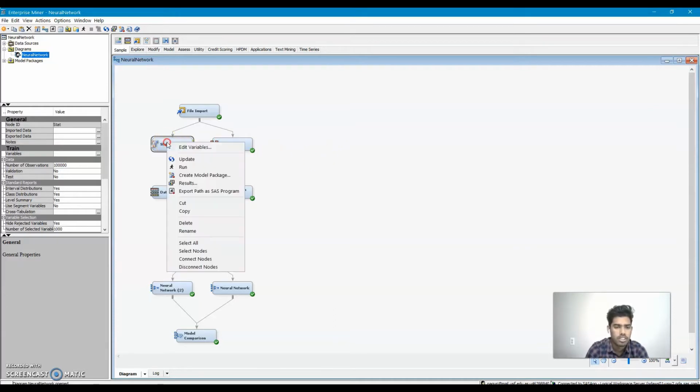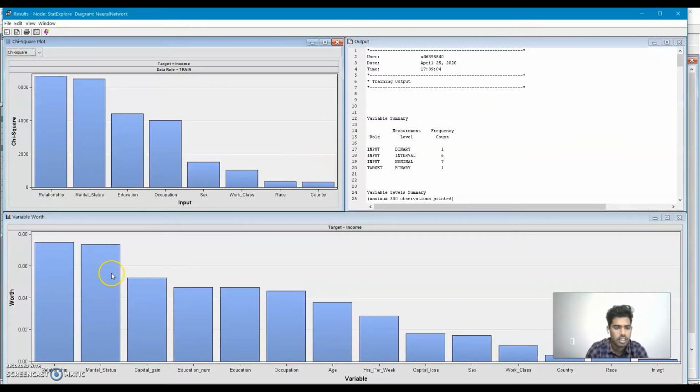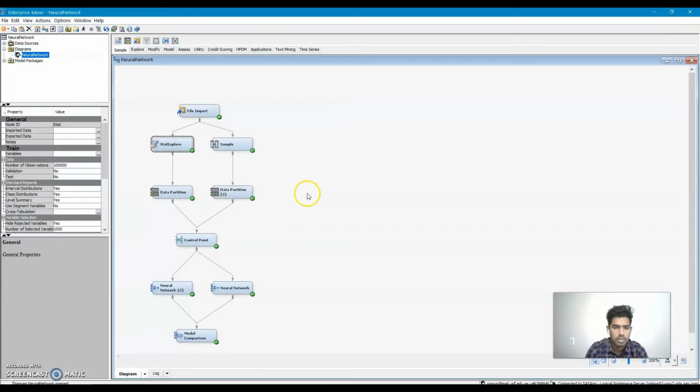So when we see the StatExplore results, as you can see here, my relationship variable has the highest worth, which means that it has the highest correlation with the income variable, which is my dependent variable. So this is the most influencing variable in my data set.